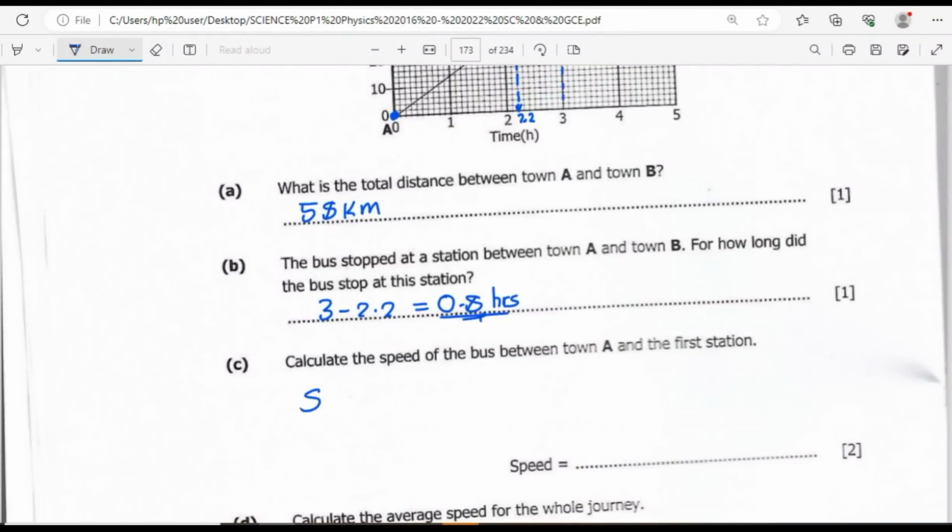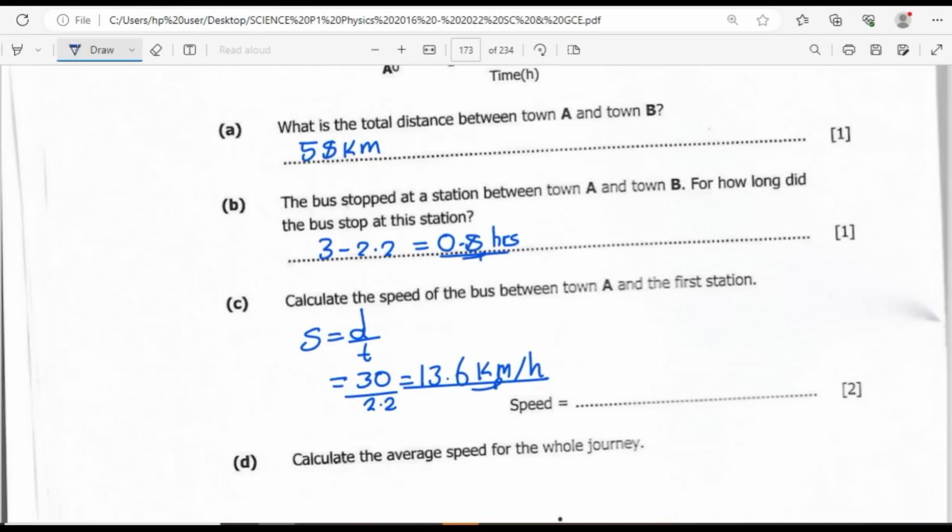So say speed is equal to distance over time. So the distance is 30 over 2.2. So 30 divided by 2.2, I'm getting 13.6 kilometers per hour. So that's what you do.